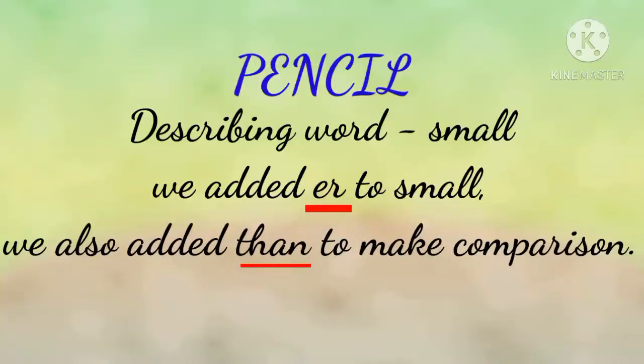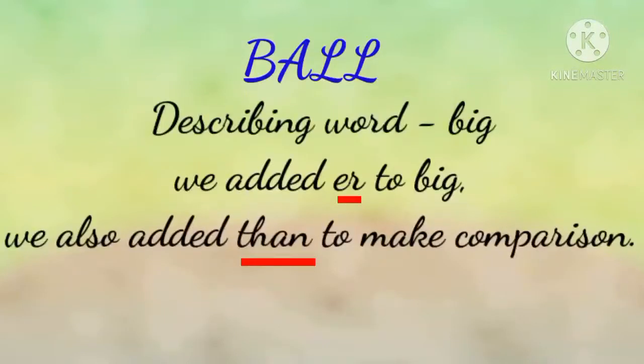Right, children? In the same way, when we compared the two balls, I described the ball as a big ball. Now, when I compared these two balls, I added er to the describing word, and I also added than. So this is how the comparison is done, by adding er to the describing word and by adding than.